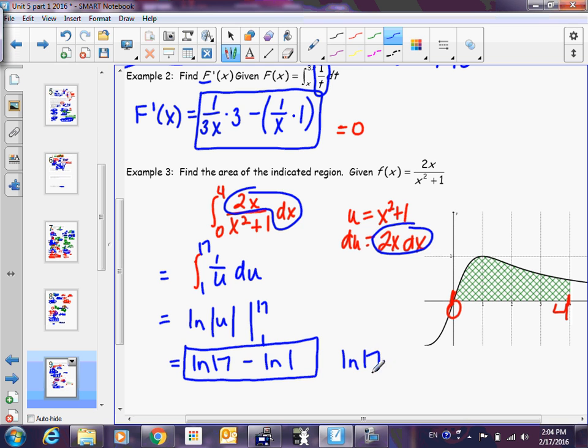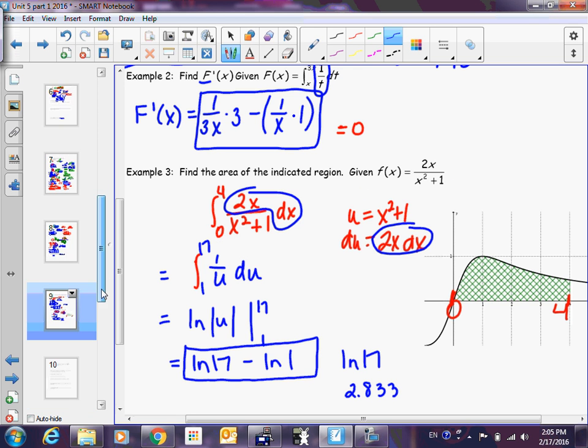Obviously, it does simplify to natural log of 17, which if you used your calculator, comes out to be about 2.833. So who knows if this is calculator, non-calculator, multiple choice, free response, these all mean the same thing. Okay? So essentially, we've done this area thing before. We just hadn't done it where natural log was in our answer.